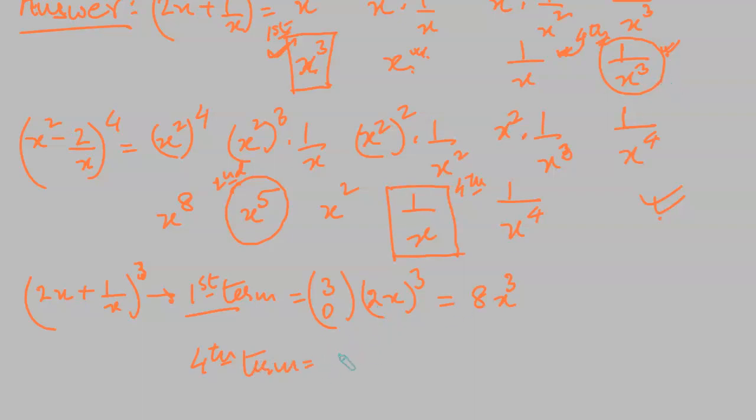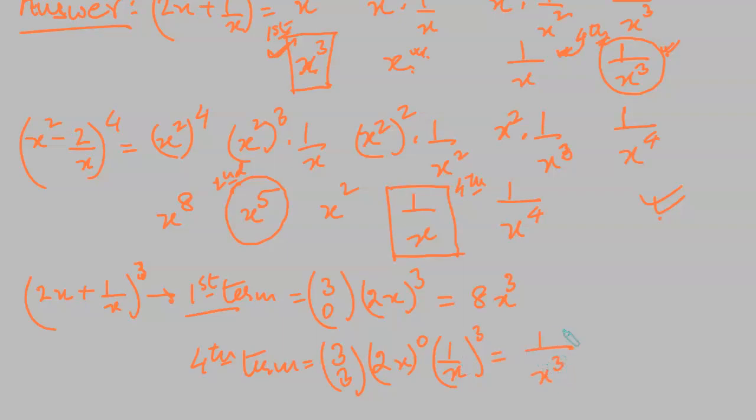So it will be 3C3 and (2x) to the power of 3 minus 3, of course, and this is (1/x) raised to the power of 3. 3C3 is equal to 1, (2x) raised to the power of 0 is 1, and this is equal to 1 over x to the power of 3.